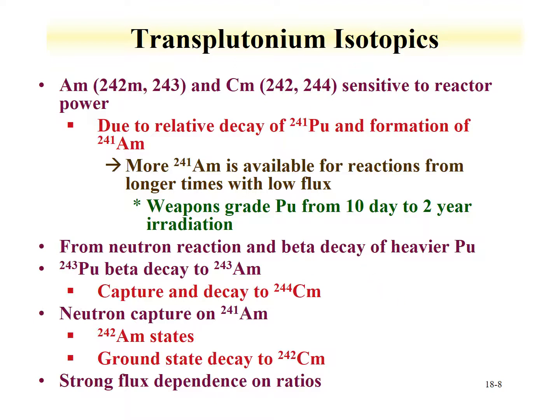And then neutron capture onto americium-241, that's produced from the decay of the plutonium-241. This will produce americium-242 states, the ground state of this isotope decaying to curium-242. So the relative ratios of these isotopes are going to have a strong dependence upon the flux of the reactor.